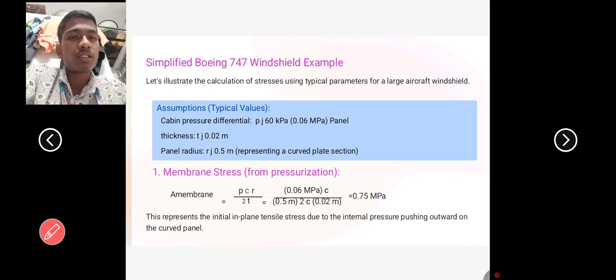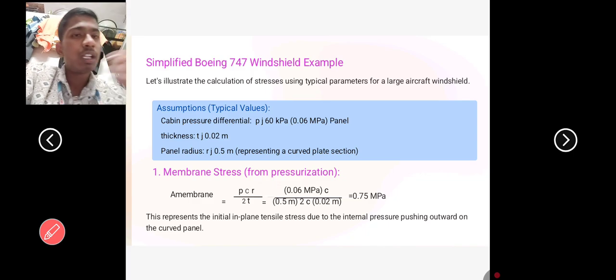Membrane stress. For calculating membrane stress due to pressurization, we have the formula P times R divided by 2T, where P is the cabin pressure.